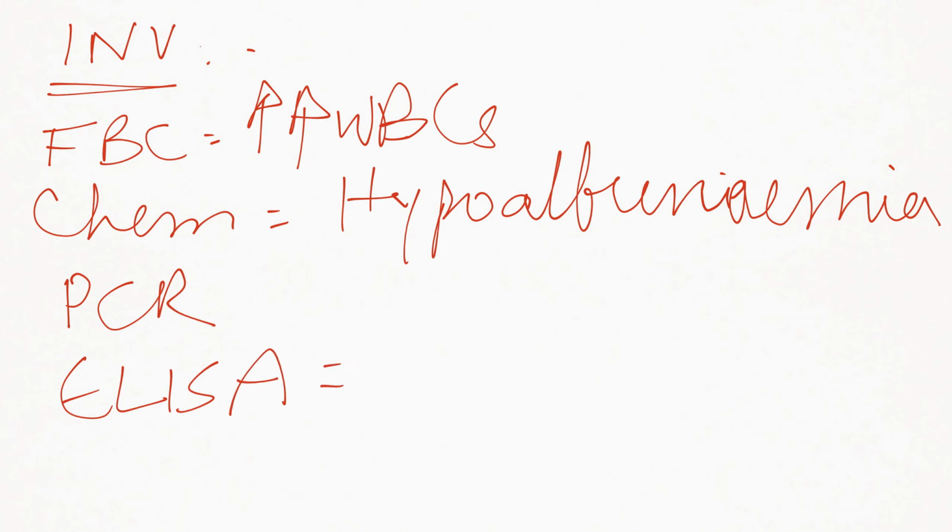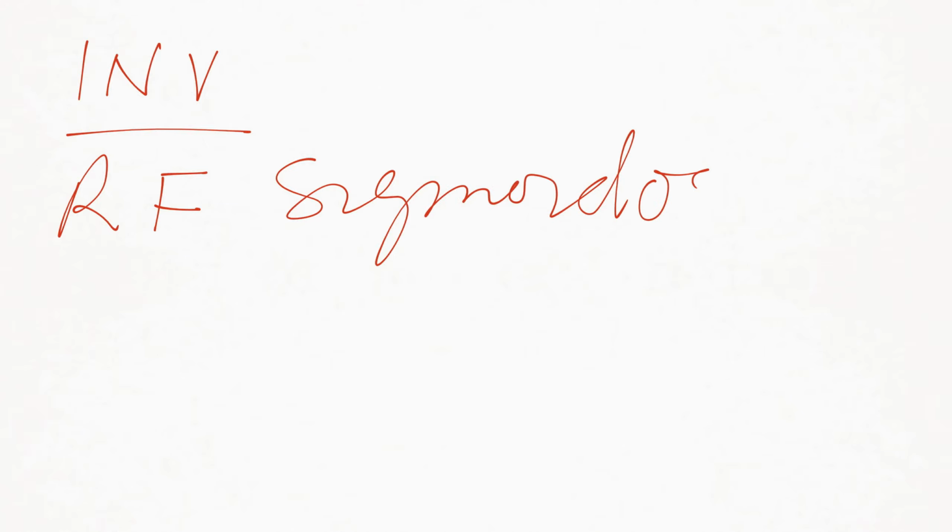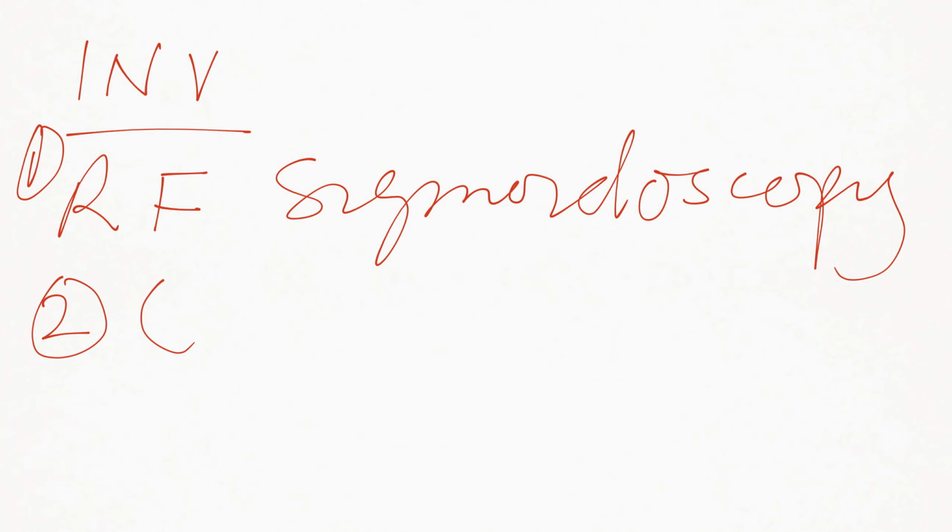This is the first set of investigations. The second set of investigations that is very important is that you are going to do either a rapid flexible sigmoidoscopy, okay, or a colonoscopy, okay.